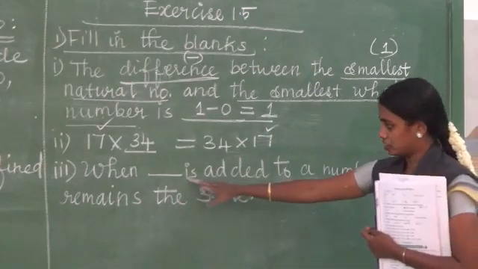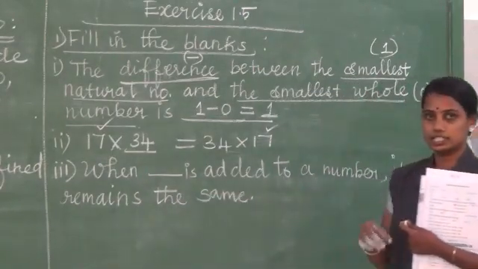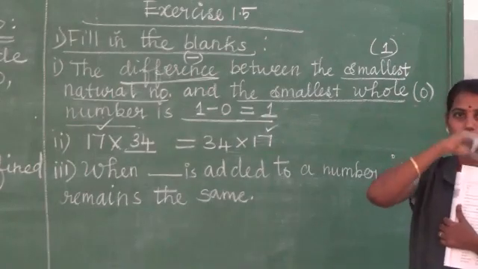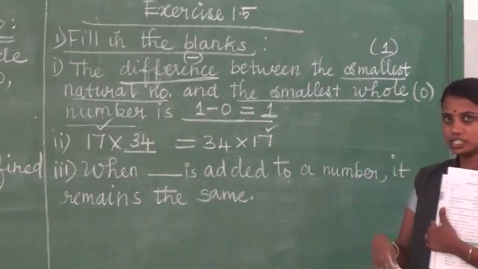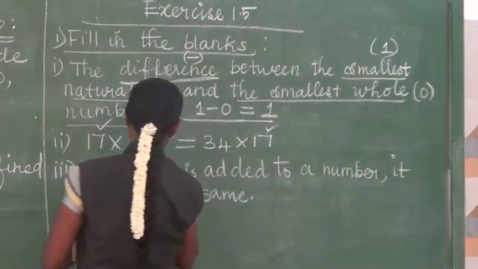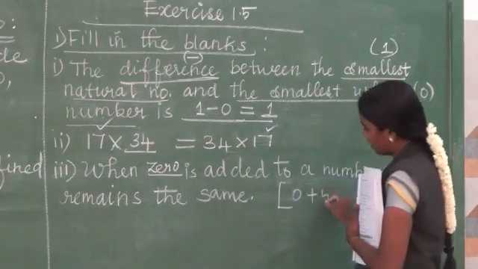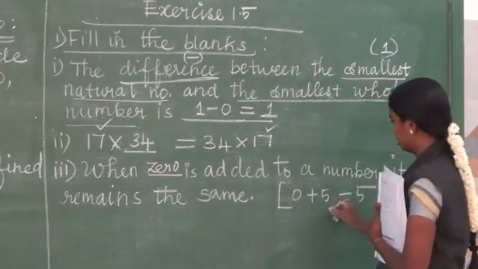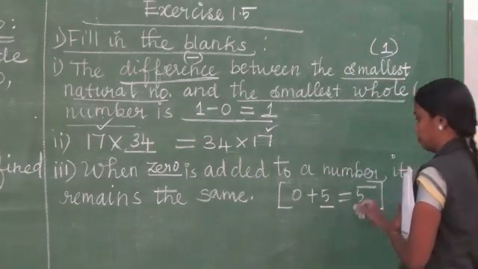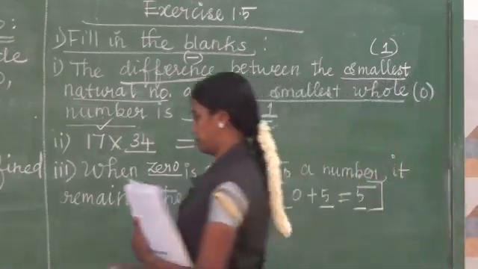If you add 0 to a number, it remains the same. So the answer is 0. Example, 0 plus 5 is 5. See, the number remains the same. So when 0 is added to a number, it remains the same.